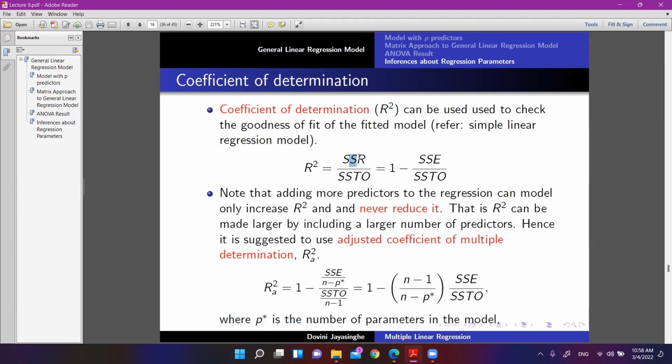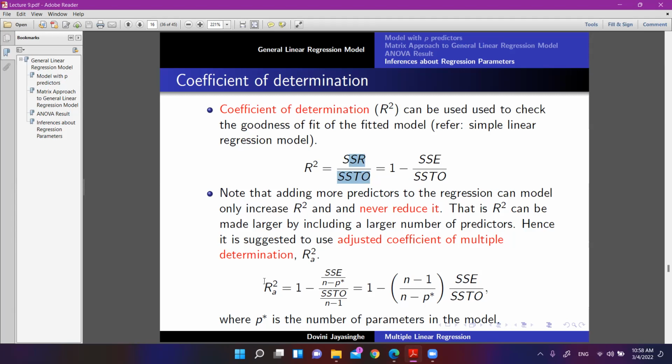So when it comes to multiple linear regression, we adjust our R squared by using this formula. We do some adjustment in order to avoid the increase of SSR due to the number of predictors that you have.